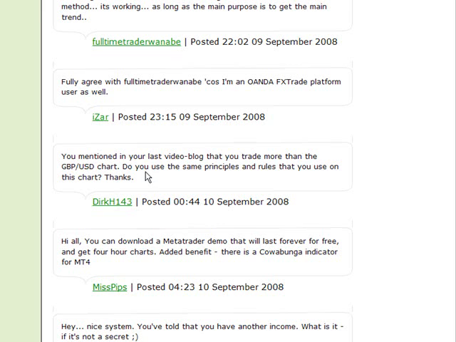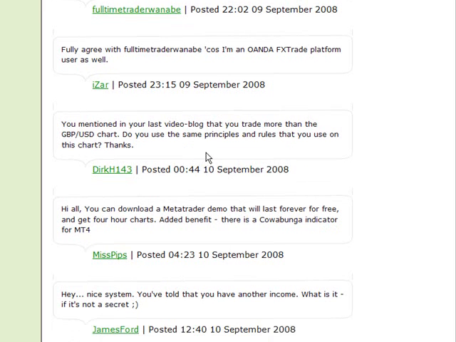Let's see, Dirk, you mentioned in your last video blog that you trade more than the cable chart. You use the same principles and rules that you use on this chart. Actually, I only trade the Cowabunga system on the cable. I do trade other systems that span outside of just the sterling dollar. They're more swing trading systems.